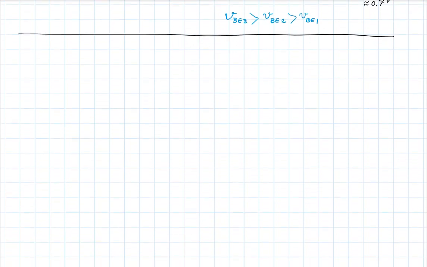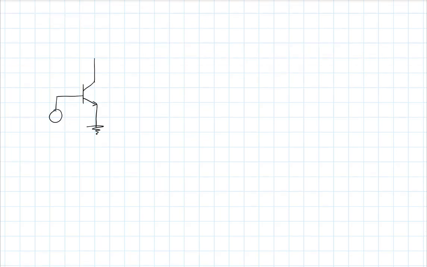For now, at the circuit level, let's study this problem. For this circuit, find V out as a function of V in.